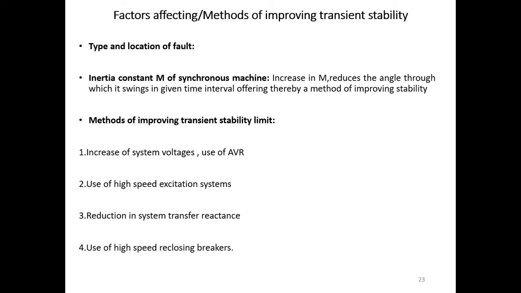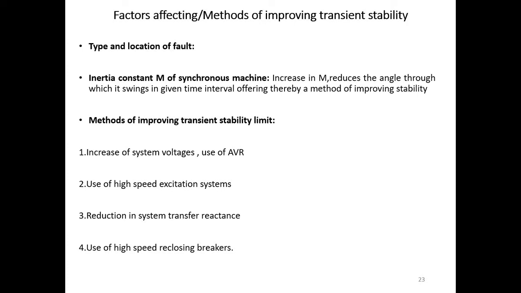That means whenever there is a reduction in the voltage due to a disturbance, it will be automatically sensed by the automatic voltage regulator, and it causes corrective action to maintain the voltage stable. So this is one method of improving the transient stability.